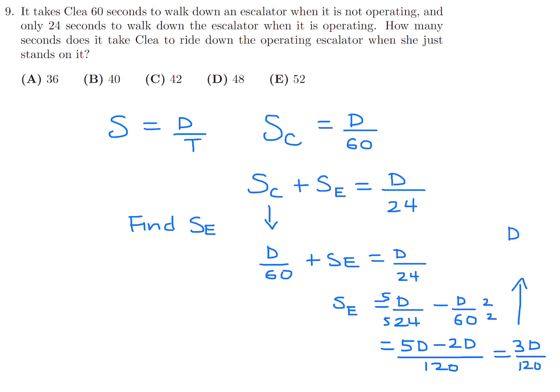In lowest terms, that's d over 40. So SE is d over 40. Basically what that means is that to go down the distance of the escalator takes 40 seconds. So number 9, the answer is B.